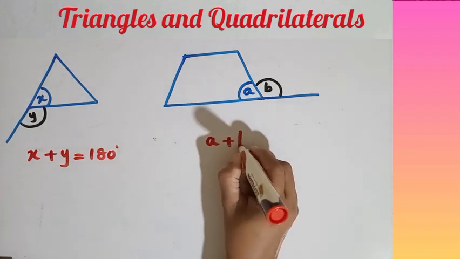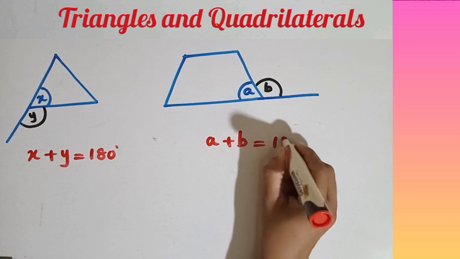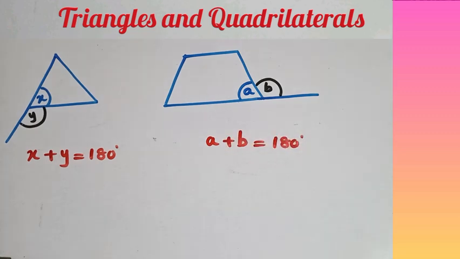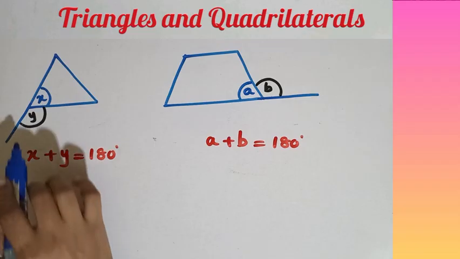A plus B is also equal to 180 degrees. So the conclusion we can obtain here is that the sum of the exterior angle and the interior angle at a vertex of a triangle and a quadrilateral is equal to 180 degrees.